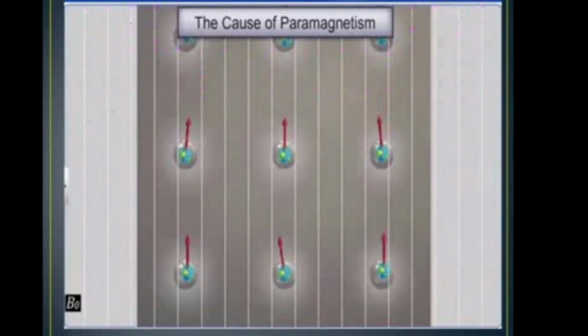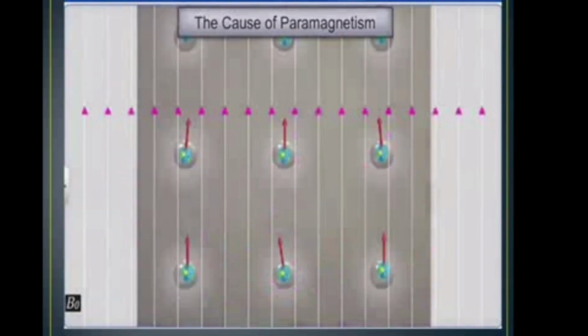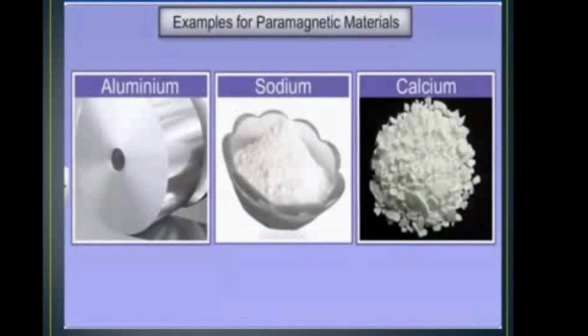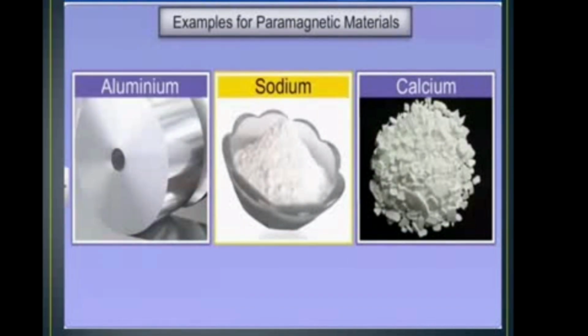It is not completely arranged, and is slightly deviated, but they are arranged in a particular direction. So it can quickly convert an ordinary substance into a magnet.